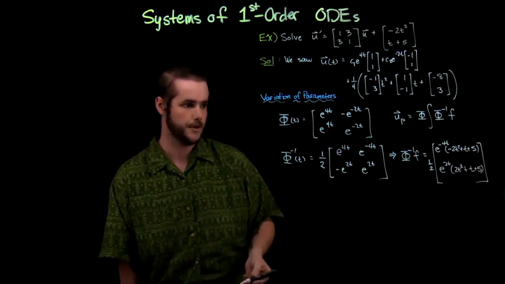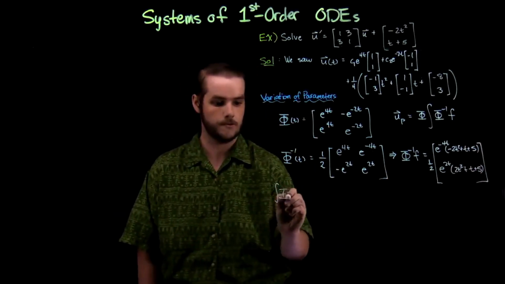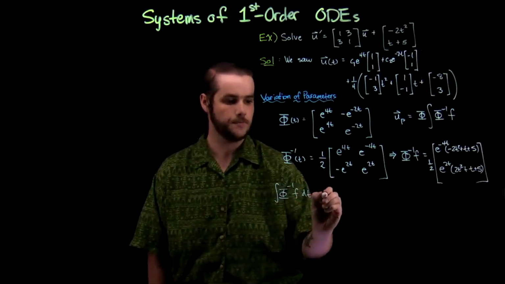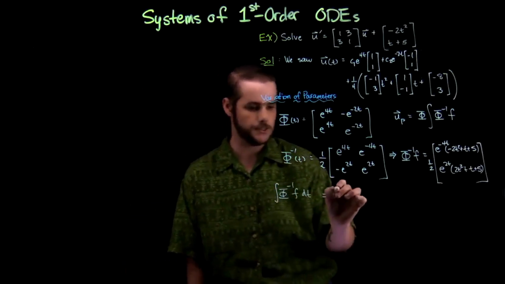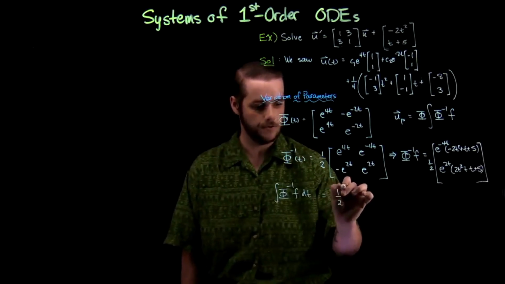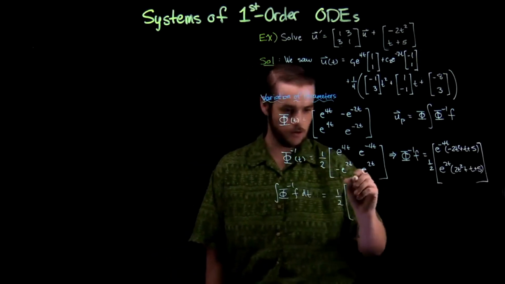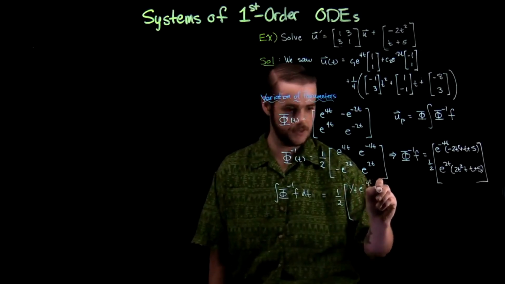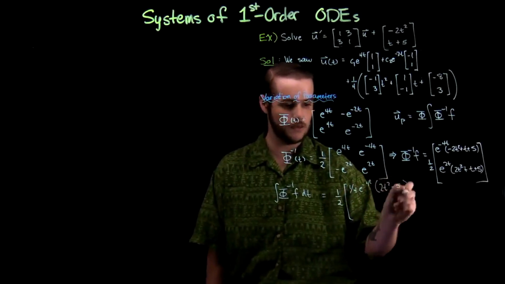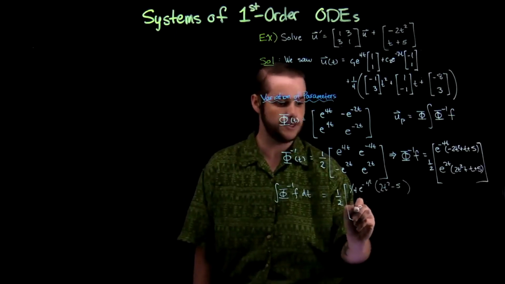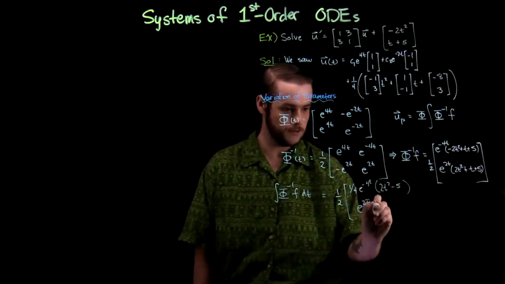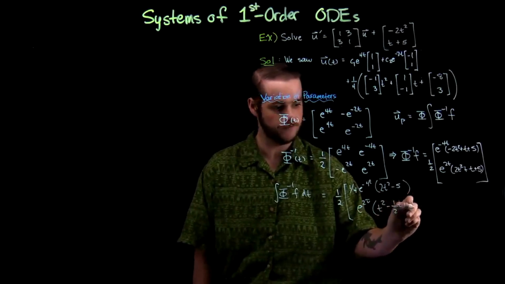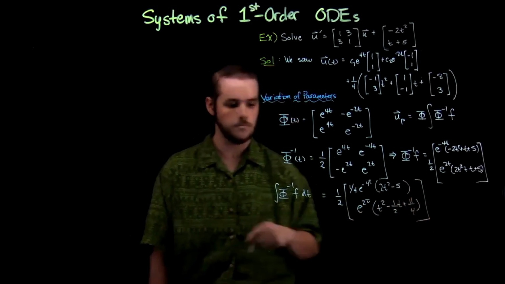I integrate that with respect to t, and I end up with the vector, 1/2 of 1/4 e to the negative 4t times 2t squared minus 5, and e to the 2t times t squared minus 1/2 t, plus 11 over 4.